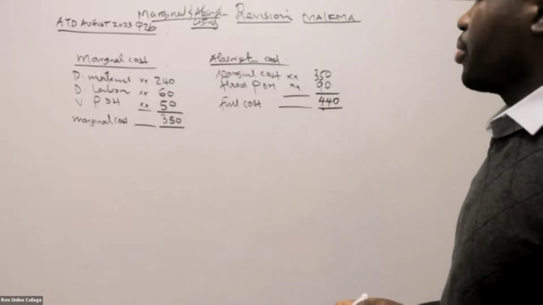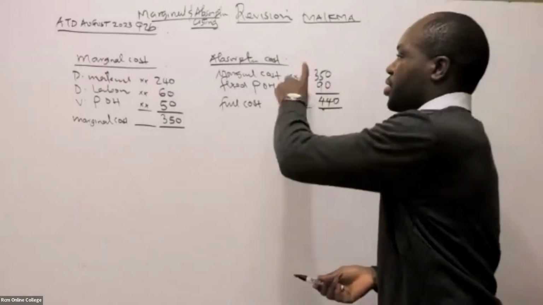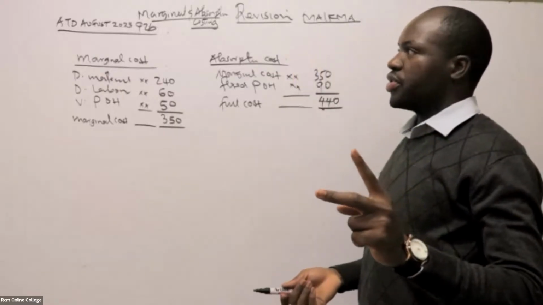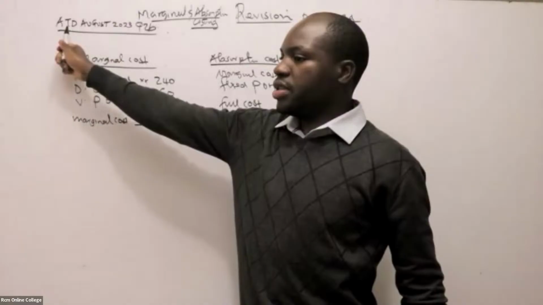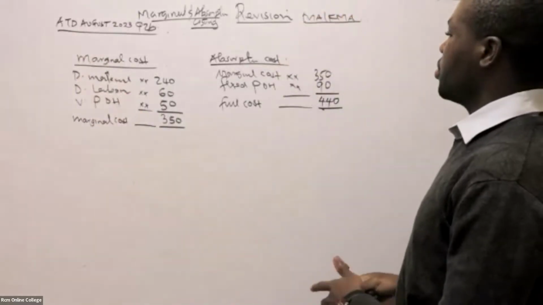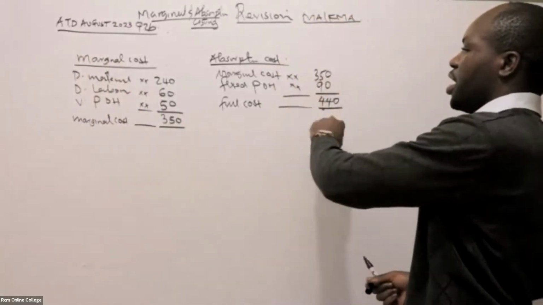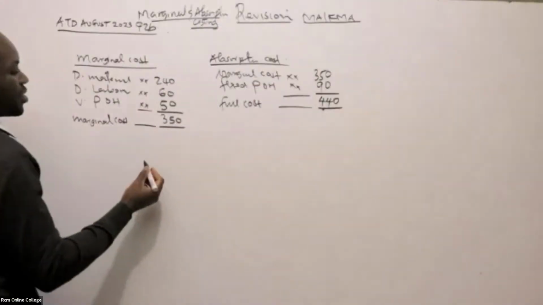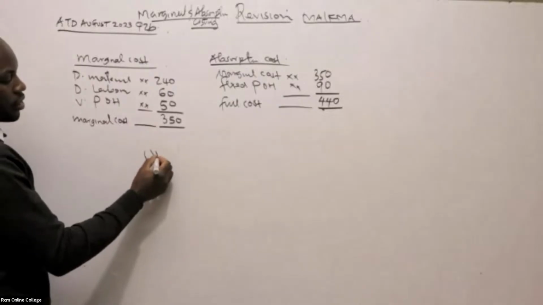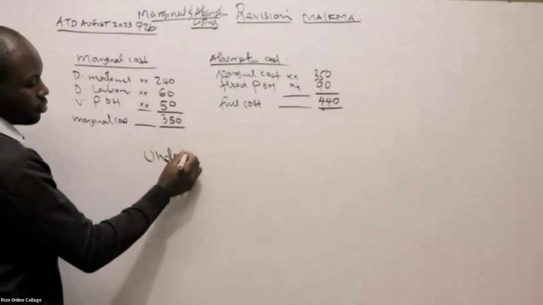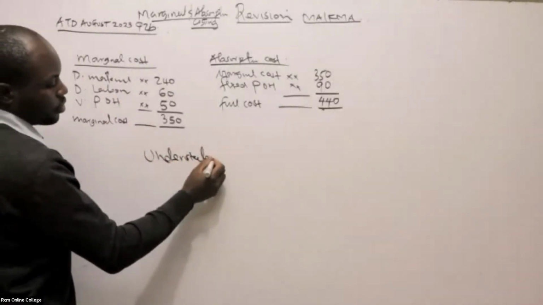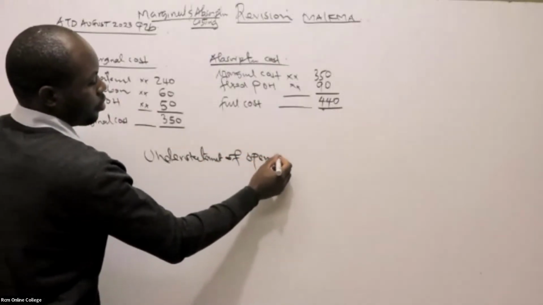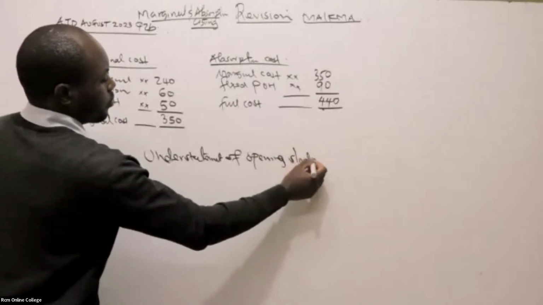Good. Now, this difference will lead to two items. Number one, understatement of opening stock, if there is any.